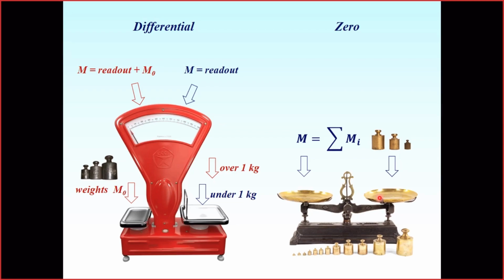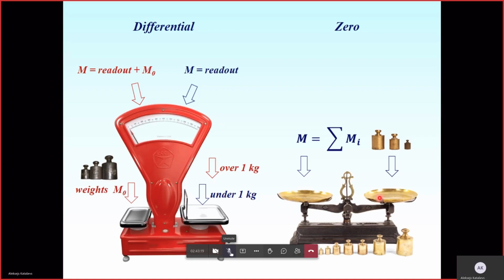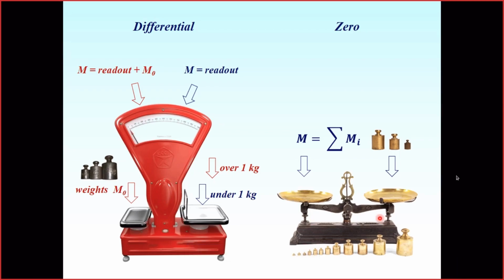So, what may be the source of such an error? Two halves of the scale may have different masses, but if they have different masses, we see it immediately.